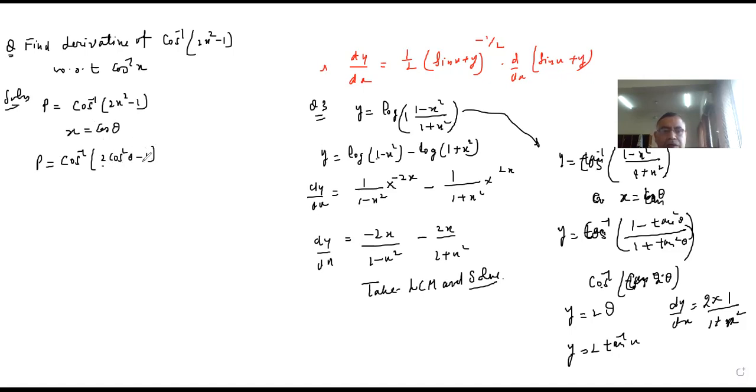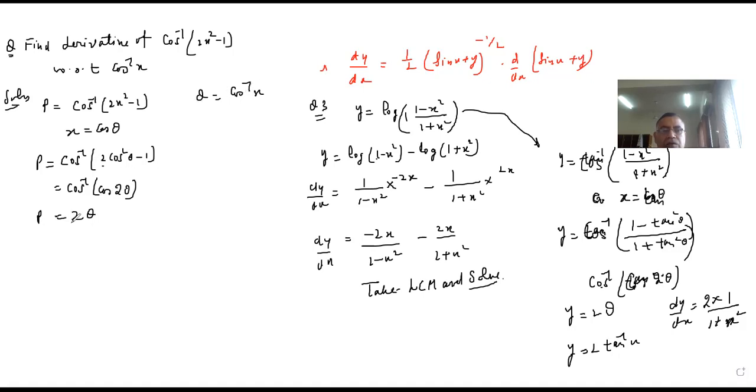So 2 cos square theta minus 1 is equal to cos 2 theta. Cos inverse and cos 2, it is 2 theta, so P is 2 theta. My Q, again, is cos inverse x.